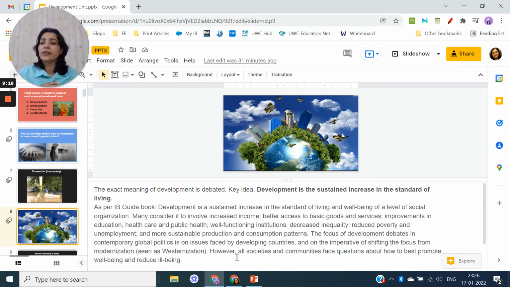Standard of living. These could be the different factors. You can think of those 11 factors under the OECD, Organisation for Economic Co-operation and Development. I would be discussing that under measurement of development, right? So remember those 11 indicators. You can think of those 11 indicators.